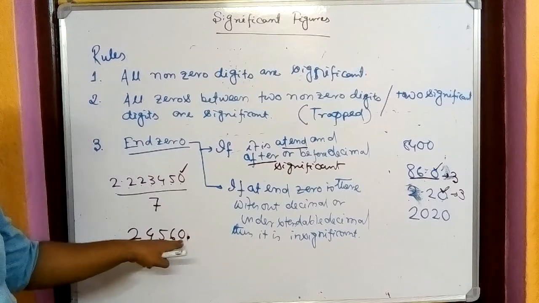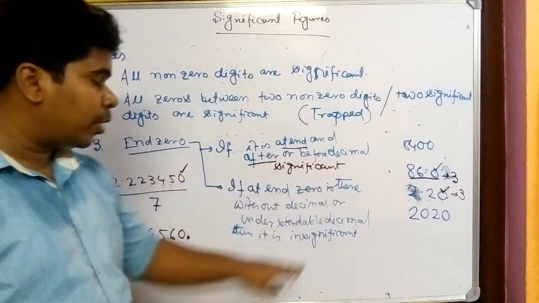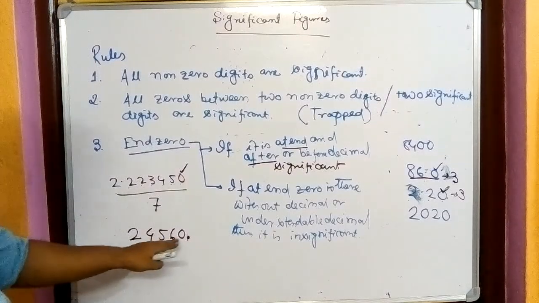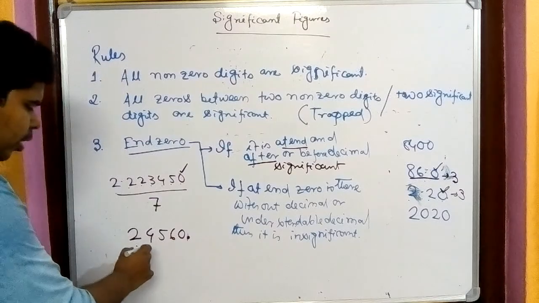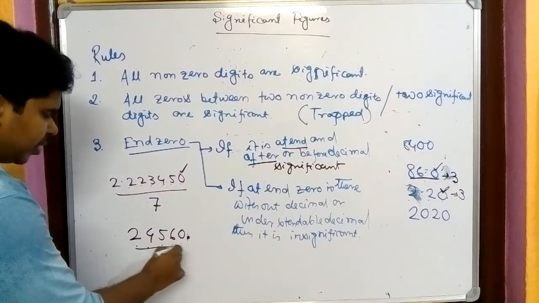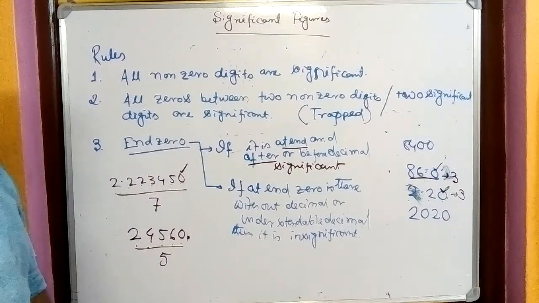Yes, it is immediately before. Take my word, before decimal means immediately before. Yes, it is before the decimal, and that's why, 1, 2, 3, 4, 5, that 0 is also a significant value. Now you can say, sir, everything is significant.